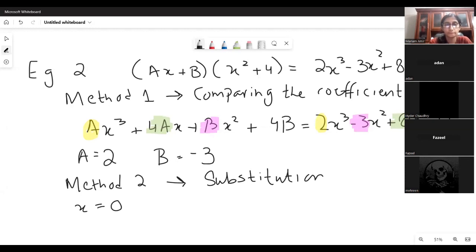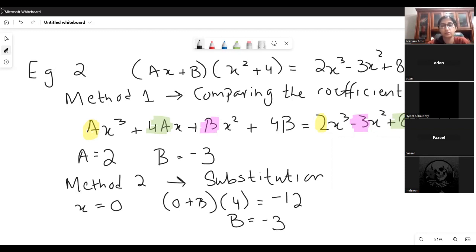We get 0 plus b times 4 equals minus 12, which gives us b equals minus 3. And then you may take x equals 1 or any other value. I'm going to take x equals 1 because it's a lot simpler. So it's going to be a times 1, which is a, plus b, which is minus 3, and then 1 square plus 4 is 5.